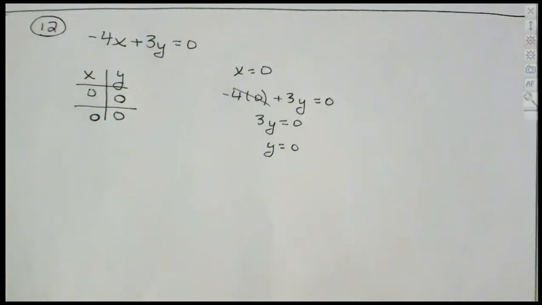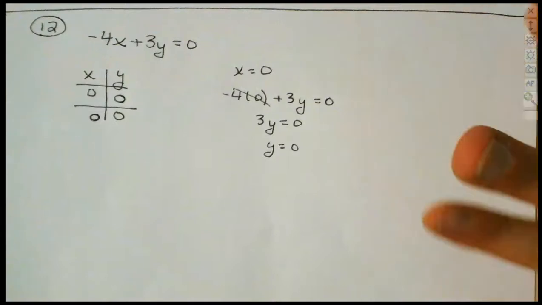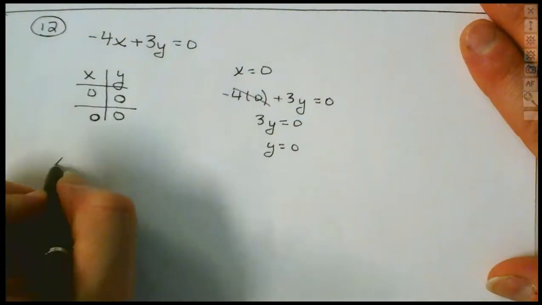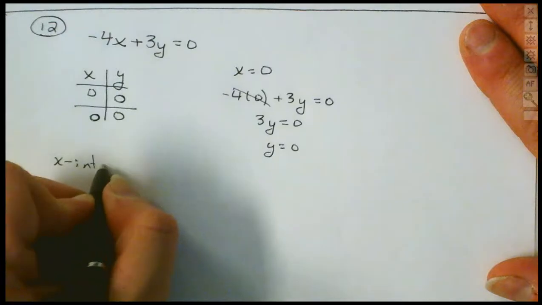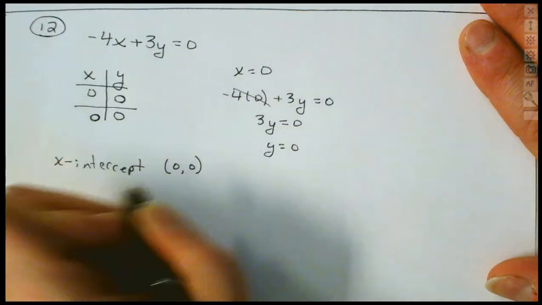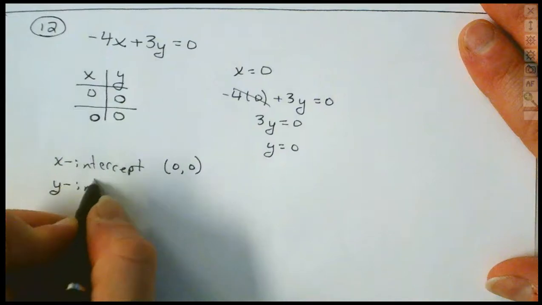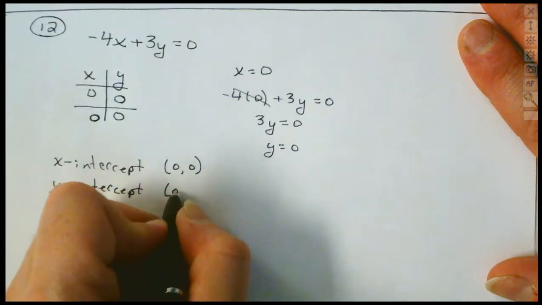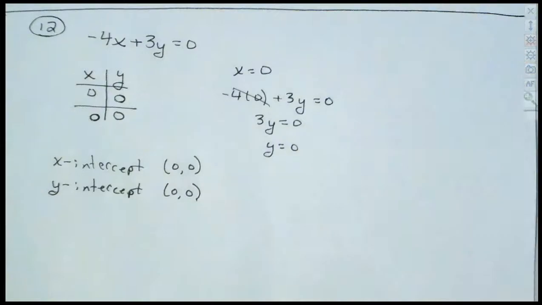So it asks for intercepts. So what would the intercepts be? Well, the x-intercept is going to be (0, 0), and the y-intercept is the same thing. The y-intercept is also (0, 0).